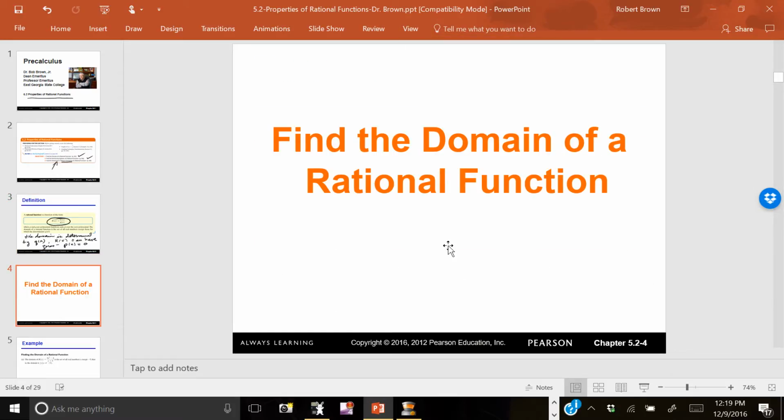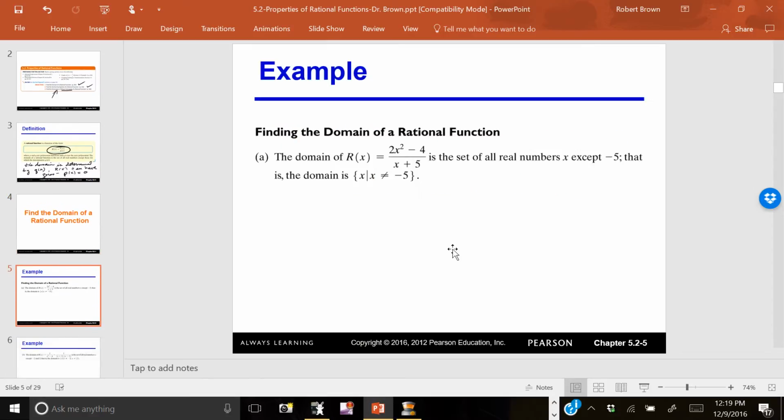So now let's find the domain of a rational function. Some examples. Let's look at 2x squared minus 4 over x plus 5. Notice that if the x plus 5, the denominator, equals 0, then x would equal minus 5.